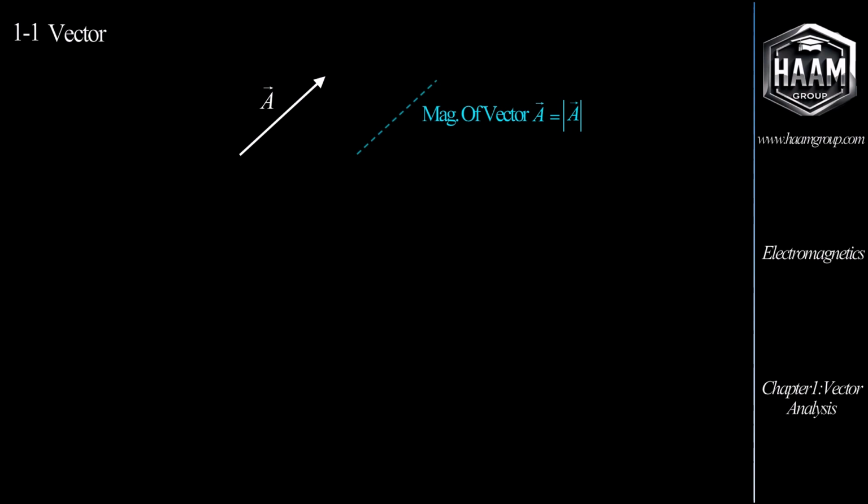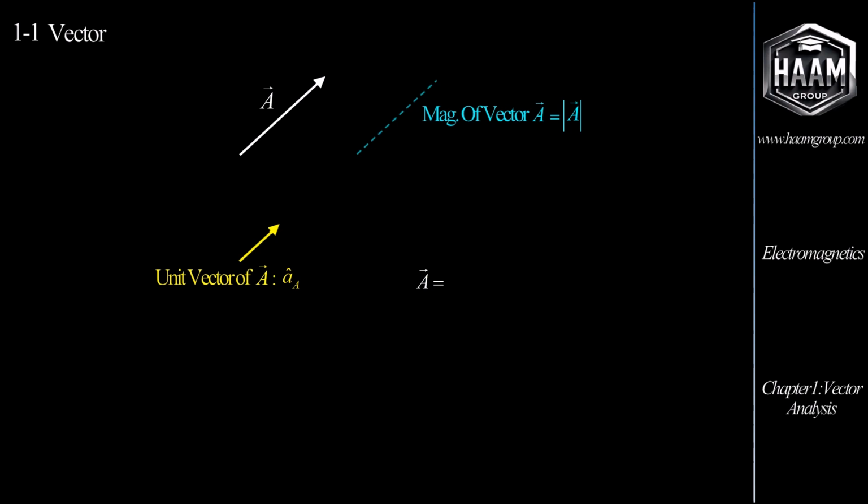Next, imagine taking a vector with a magnitude of 1 unit and pointing it in exactly the same direction as vector A. The result is called the unit vector of A, and we denote it as A-hat.